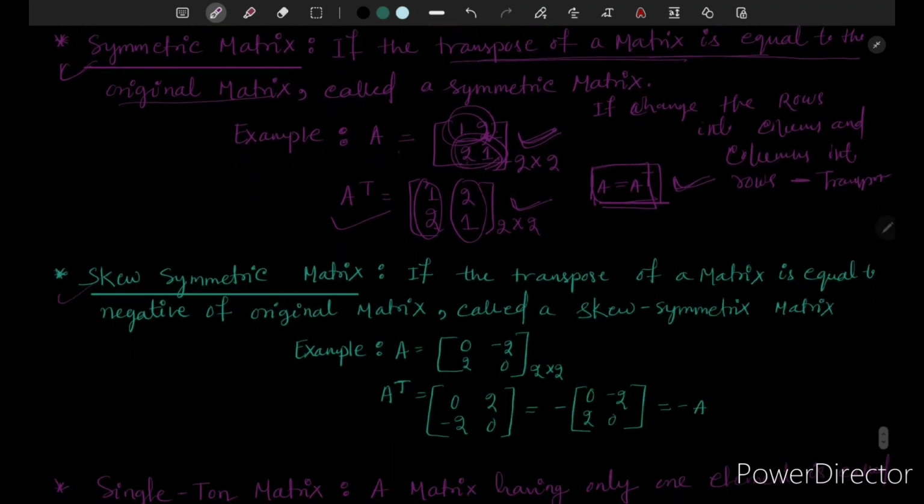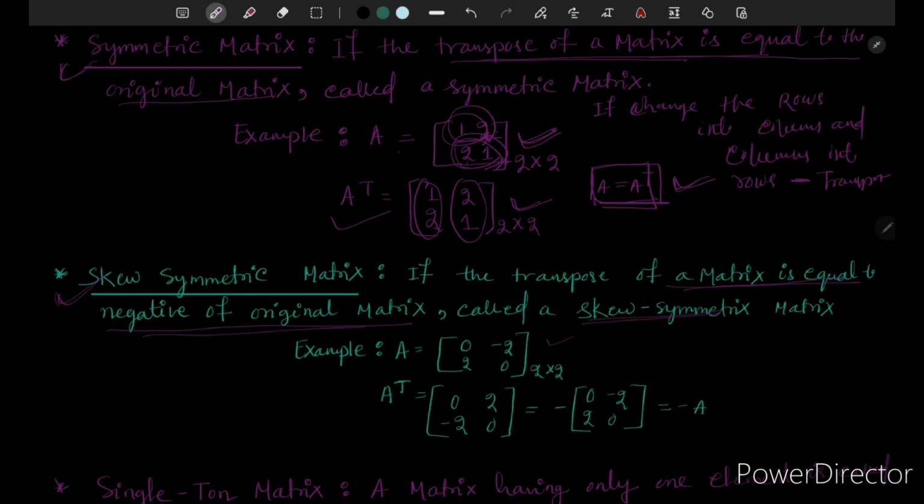Then we come to the skew symmetric matrix. If the transpose of a matrix is equal to the negative of the original matrix, that means when we transpose a matrix and we get the negative of the original matrix, then we call it a skew symmetric matrix.